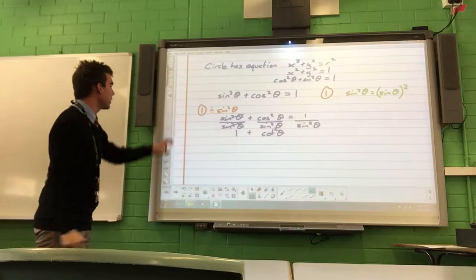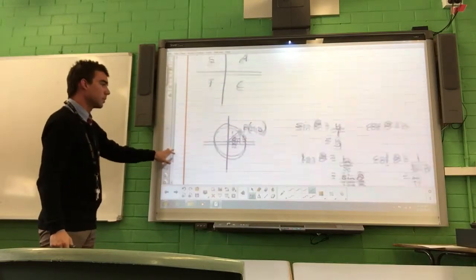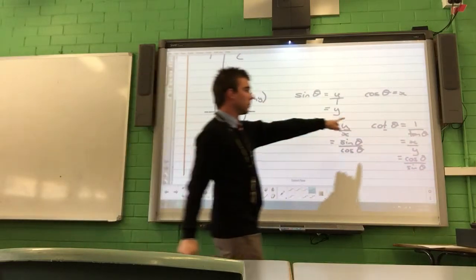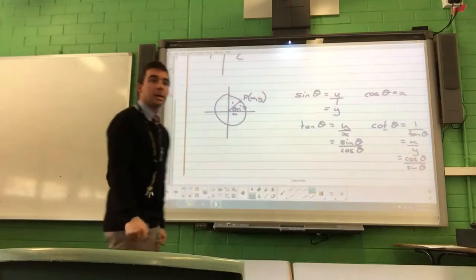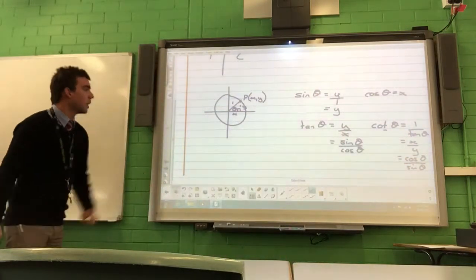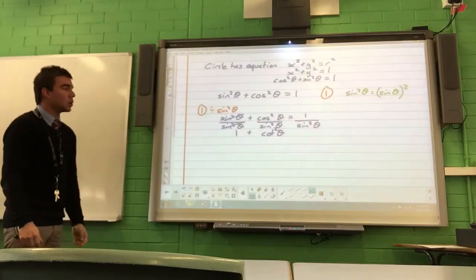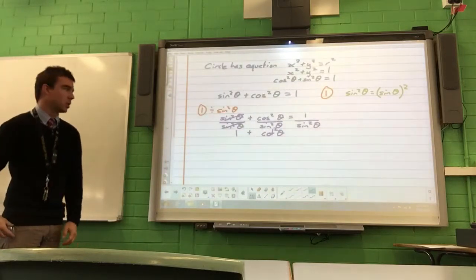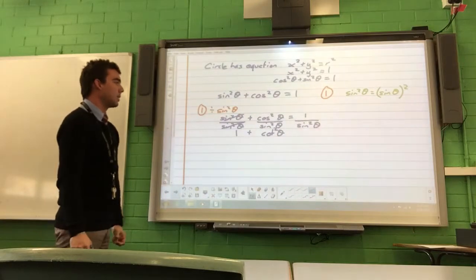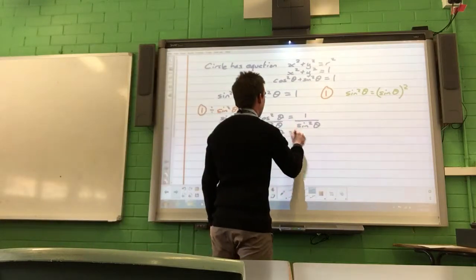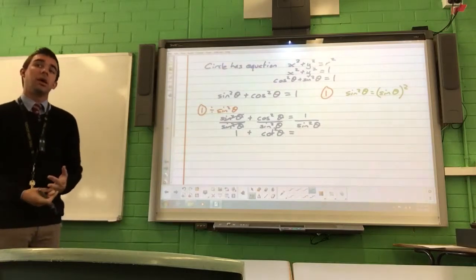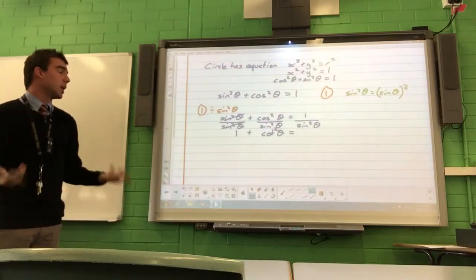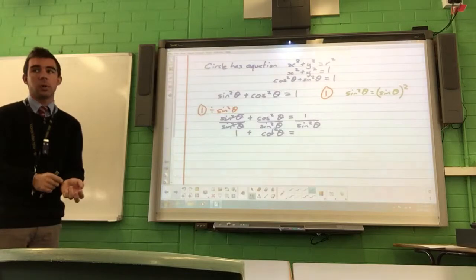Going back to my previous page, cot theta is equal to cos theta over sine theta. That was our second identity. So cos squared of theta over sine squared of theta will become cot squared of theta. Now 1 over sine squared of theta: what's another way I can write that? I can write 1 over sine squared of theta.